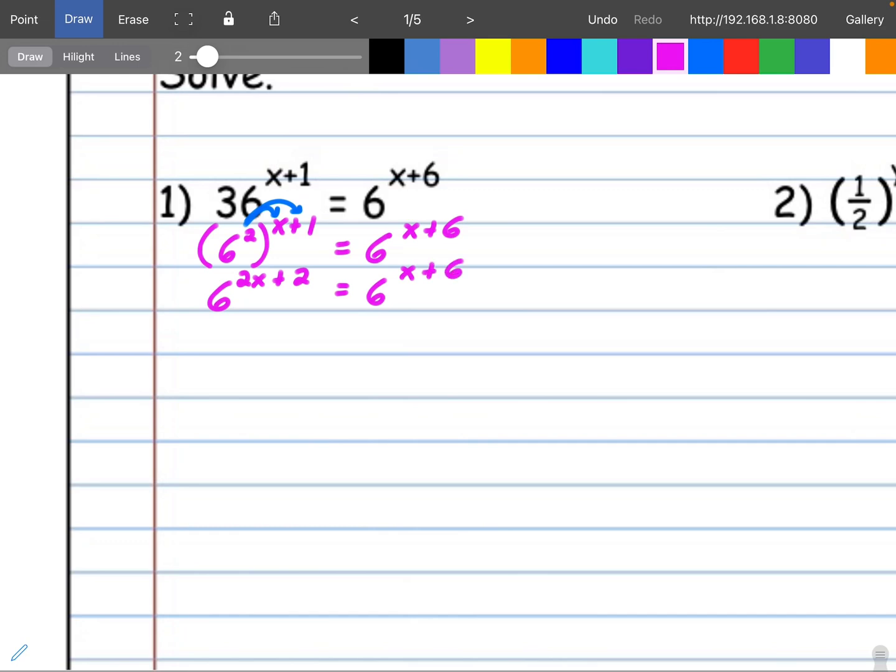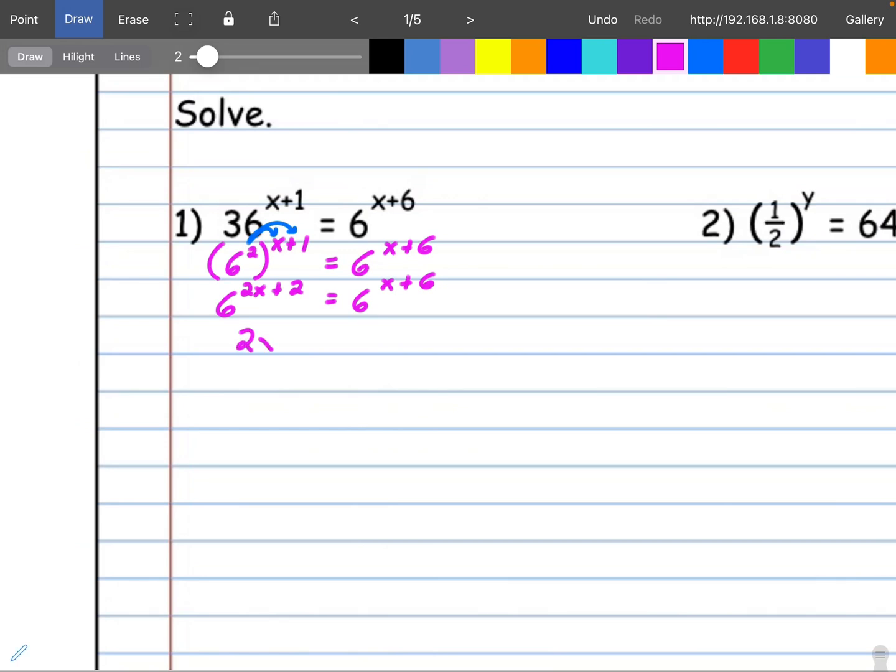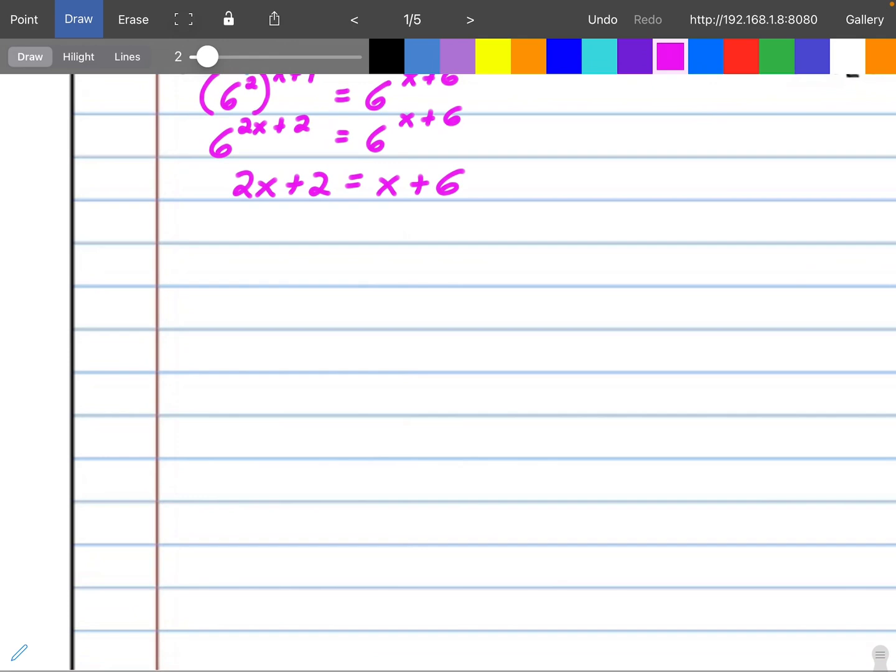Now that we have the bases the same, we can pretty much just ignore those bases and focus on making our exponents equal. So I'm going to take my exponent on the left and say that that must equal the exponent on the right, because if the bases are equal, then the exponents must be equal in order for the two sides to be equal. So I set my exponents equal and I can solve.